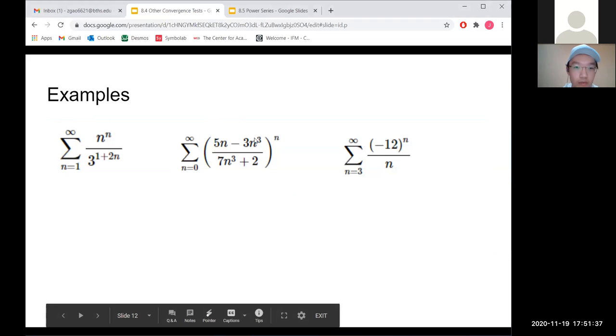Okay, so take a look at these examples. Let me just switch to the board.